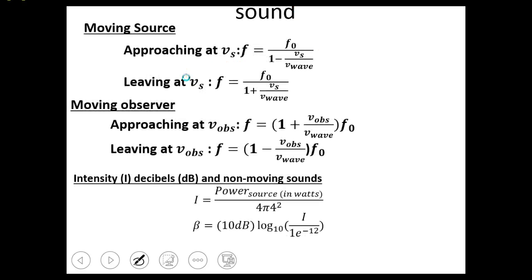All right, so we have our two Doppler effect formula sections talking about the frequency of a sound perceived. Sometimes the source of the sound is moving, like a car, right?